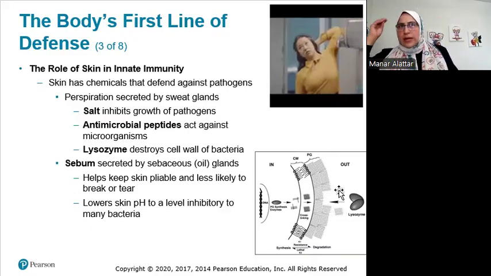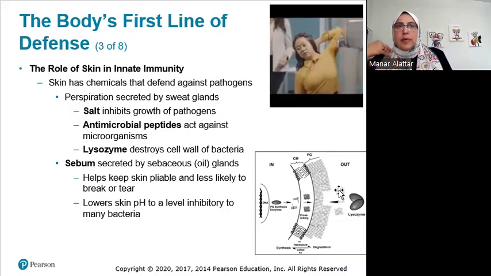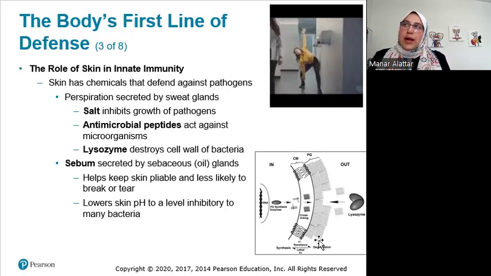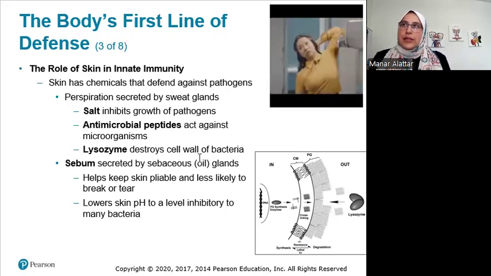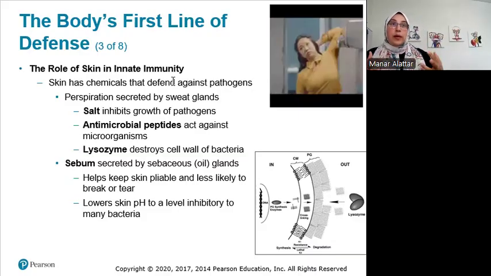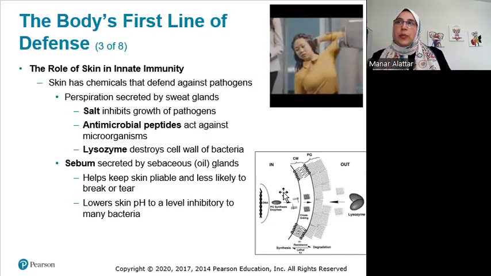And it's not recognizing a specific bacterium, but just generally, lysozymes will break down bacteria on our skin. Okay. And so that allows us to maintain this chemical or microbial balance that allows us to kind of clear out potential pathogens.